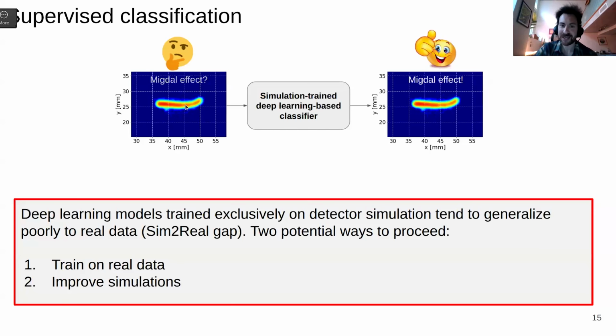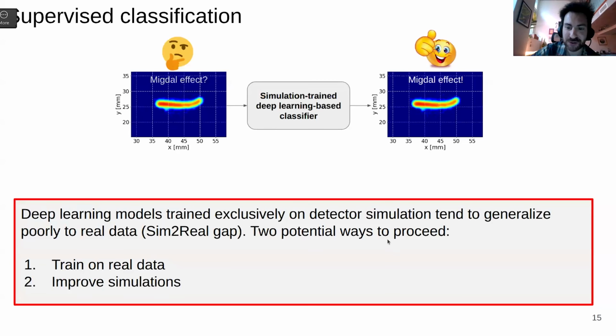And so unless your simulations are representative of real data at a pixel level of granularity, which ideally they should be, but in practice it's pretty difficult to do that, it's going to struggle without some finagling.